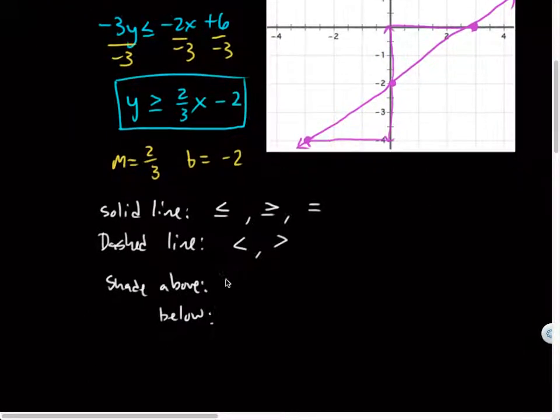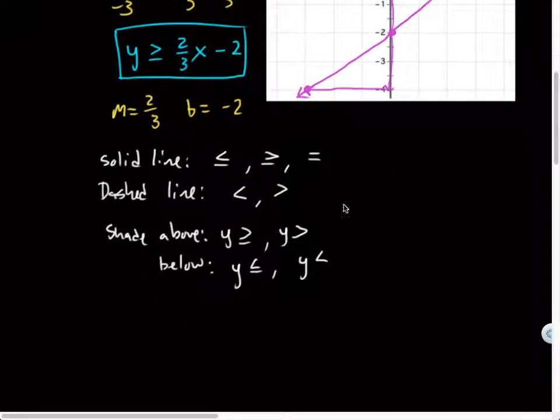So we're going to shade above anytime I have a greater than or equal to or a greater than symbol with a y next to it. And we'd shade below anytime I have y is less than or equal to or y is less than, because less than the line would be beneath or below the line.